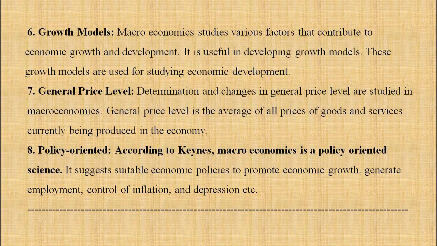Once we get to know the causes of unemployment, we can find the solution that can create employment opportunities in our country. So the total policy can be suggested for the growth and development of the economy. All the policies are suggested under macroeconomics. So macroeconomics is a policy oriented science.